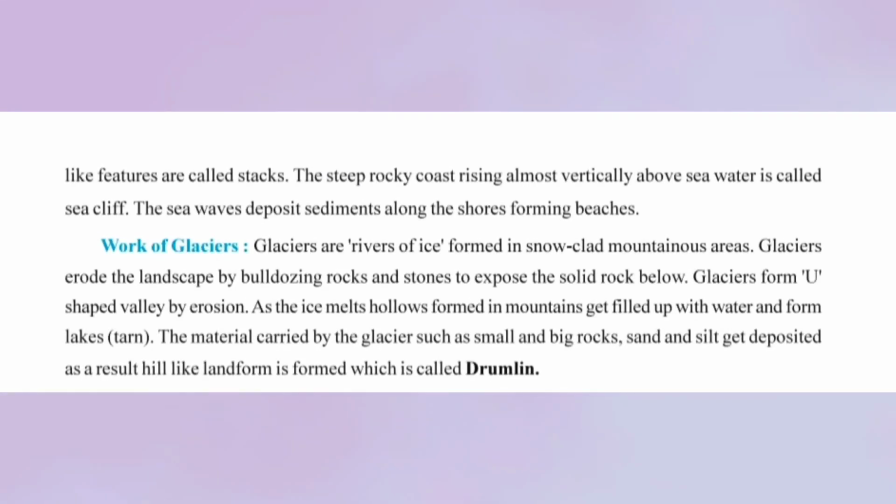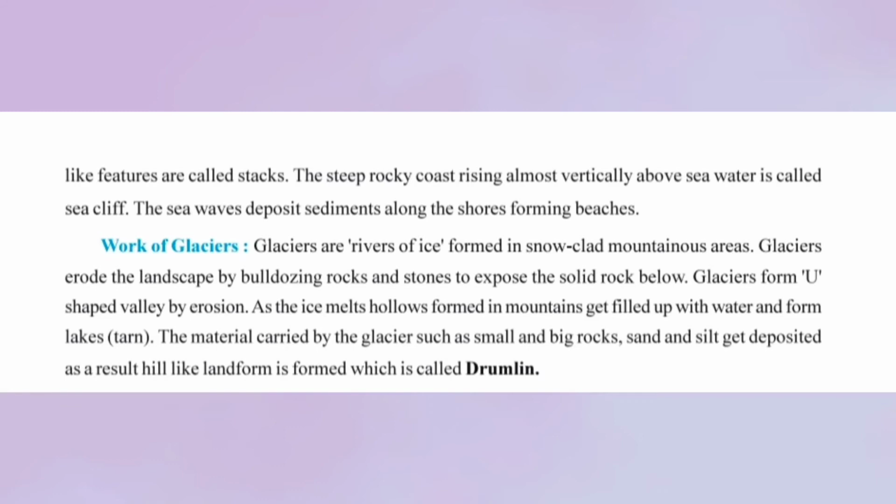Glaciers are rivers of ice formed in snow-clad mountain areas. Glaciers erode the landscape by bulldozing rocks and stones to expose the solid rocks below. Glaciers form U-shaped valleys by erosion.